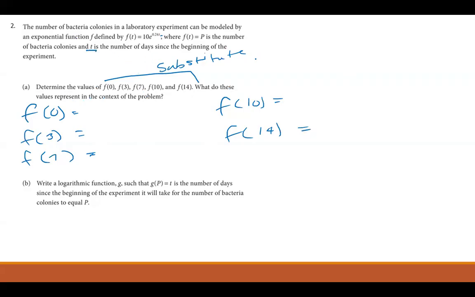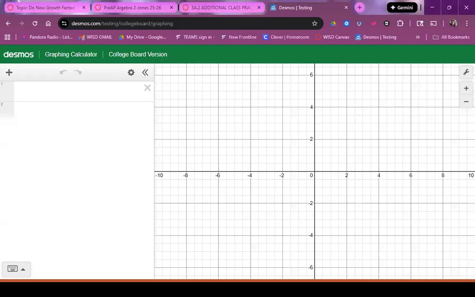How many days since the beginning of the experiment? And your output is the number of bacteria of the colonies. So all these answers are going to be colonies. How many colonies do you have? Okay. So let's go look at our table, or putting in our table.